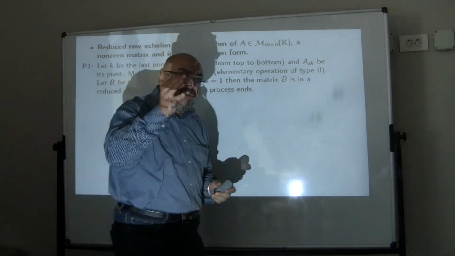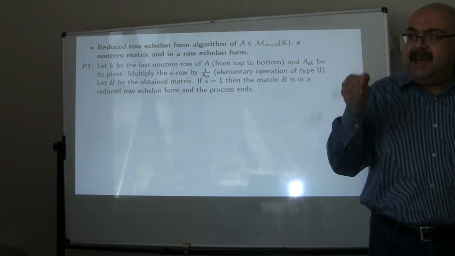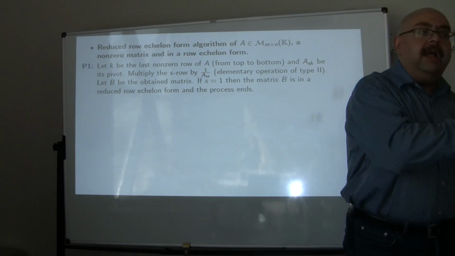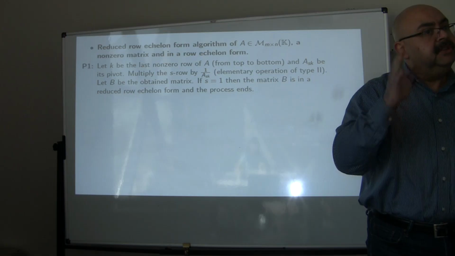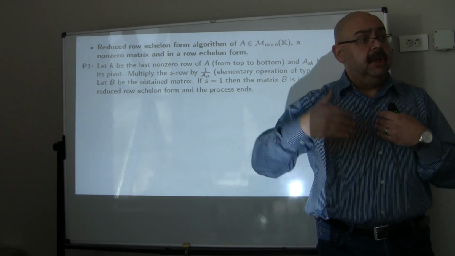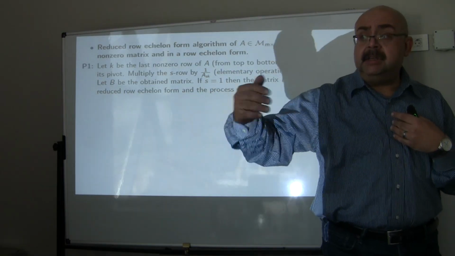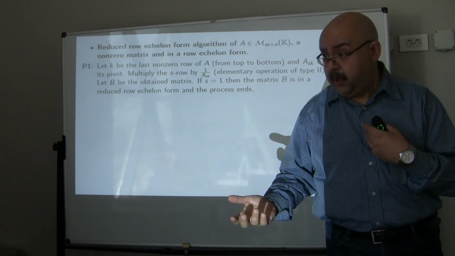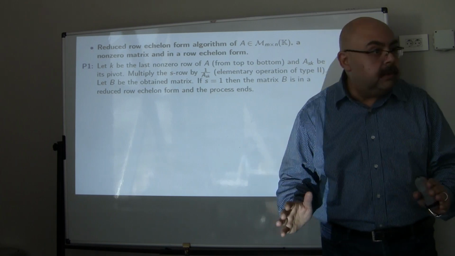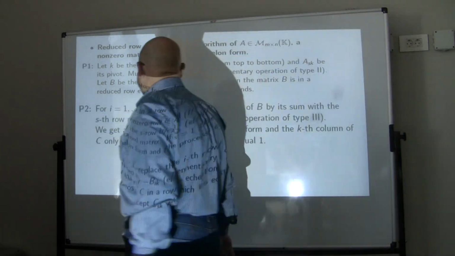But for the reduced echelon form, every matrix has a unique reduced echelon form. Every matrix has just one. So if I use the operations in another way, we will end up with the same reduced echelon form. Okay? Perfect.